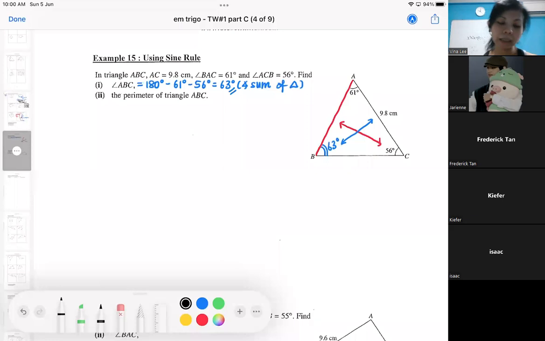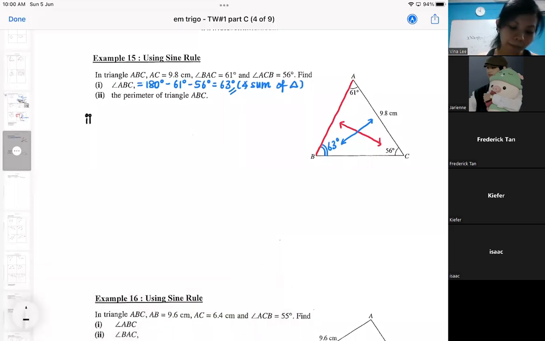I would like to find AB, and it forms an arrow with 56. That's why it will be a fraction. Then the 63 degrees also forms an arrow with 9.8, so it will be 9.8 over sine 63.